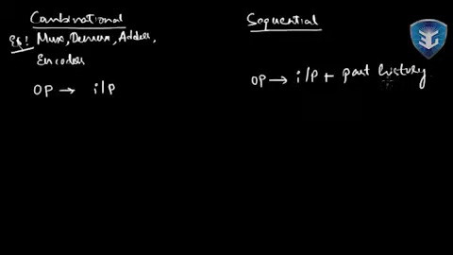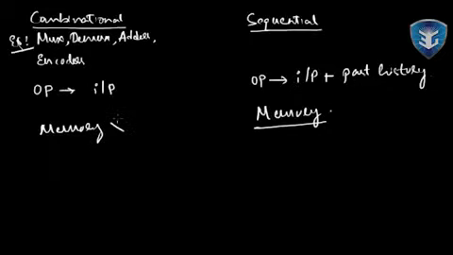Here I said the past history. So the past inputs have to be stored somewhere. So we need a memory in case of sequential circuits. As we do not have to store any past data with respect to combinational circuits, there is no need of memory with respect to combinational circuits.